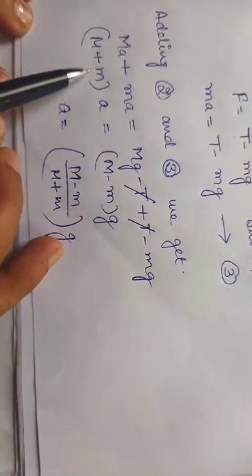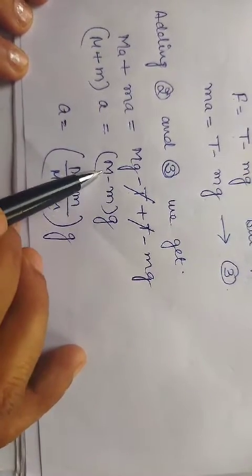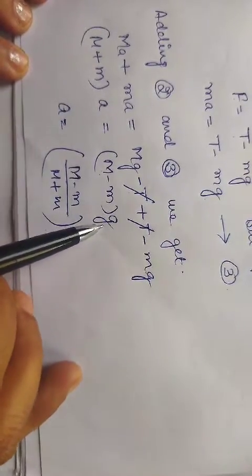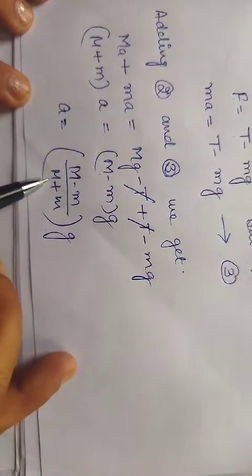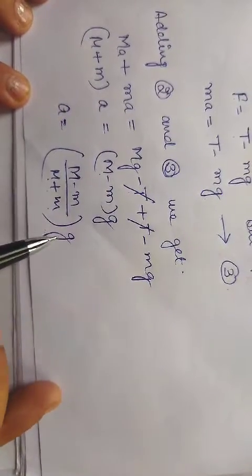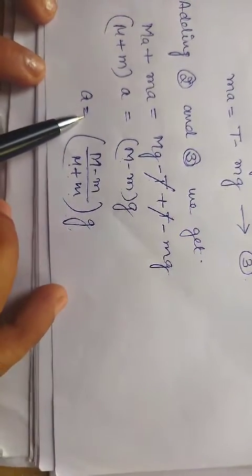So (M plus m) into A is equal to (M minus m) into g. Here A is equal to (M minus m) upon (M plus m) into g. This is the value of the acceleration.